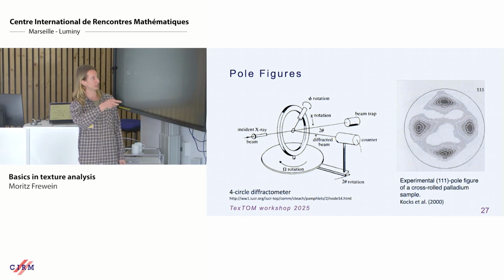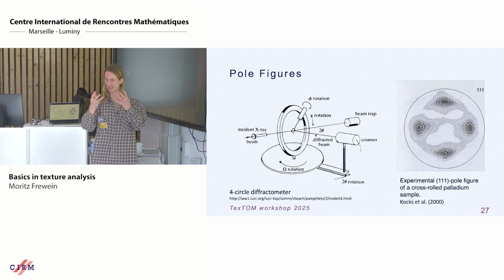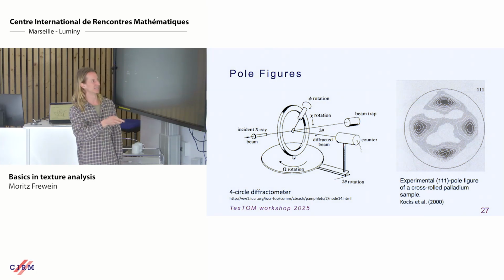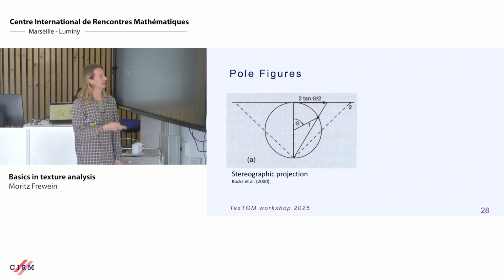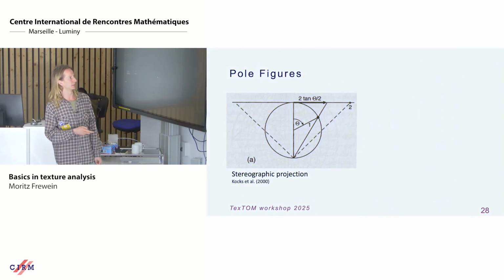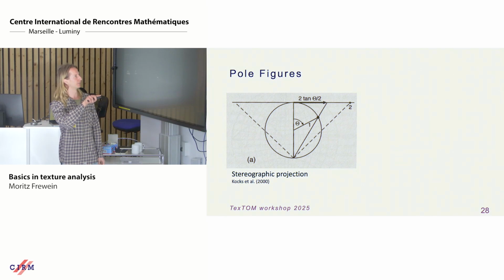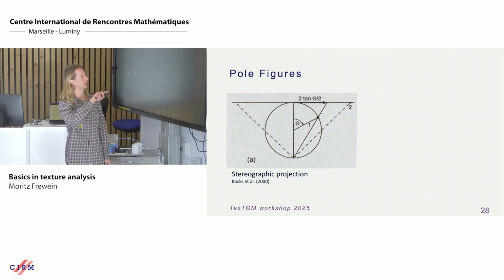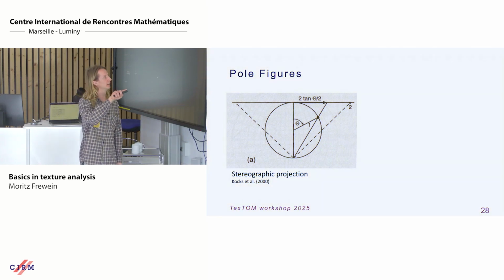But of course, it should actually be the surface of a sphere, and this is a circle, so how do we get there? This is again a stereographic projection. We have this sphere, and this is the diffraction angle.